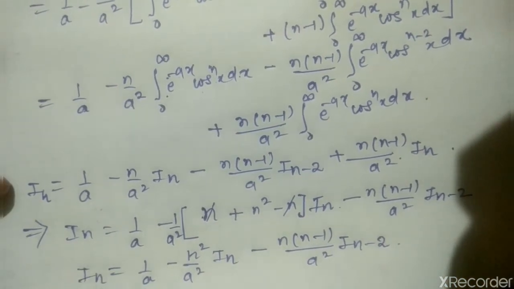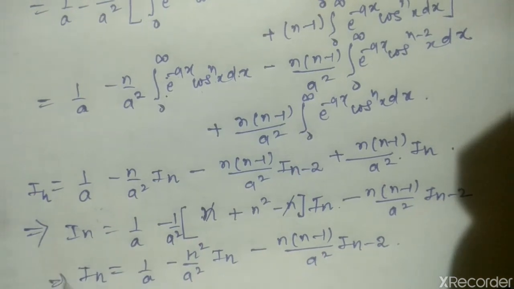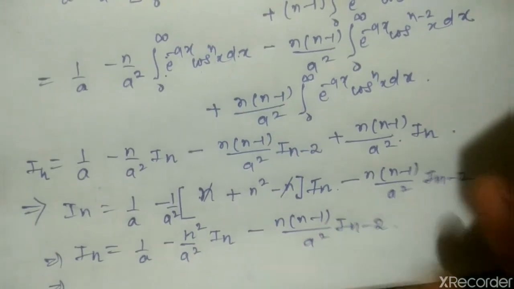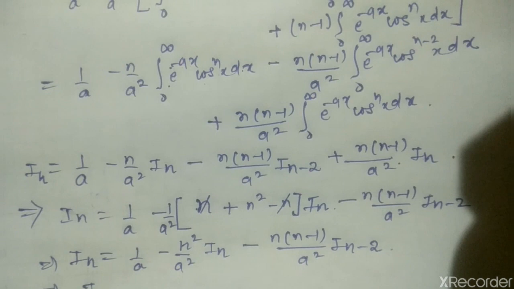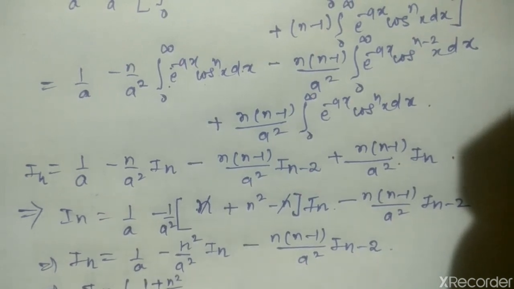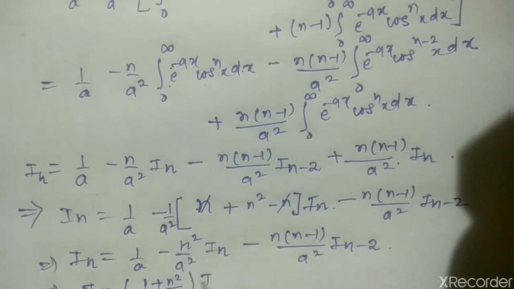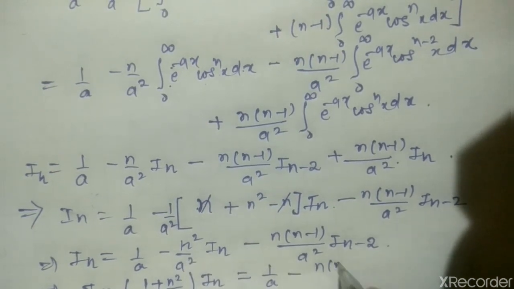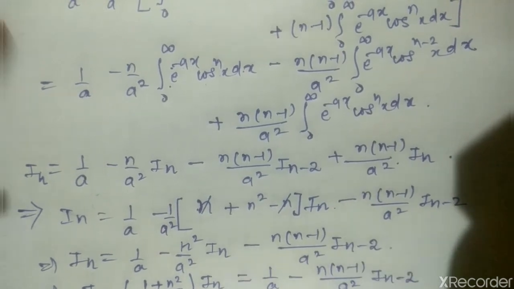So by solving these two values, what we get here is, this implies In common, so 1 plus n square by a square In equals to 1 by a minus n into n minus 1 divided by a square I n minus 2.